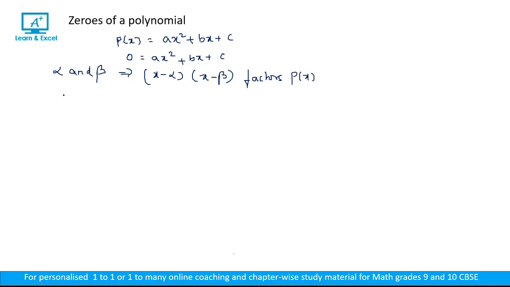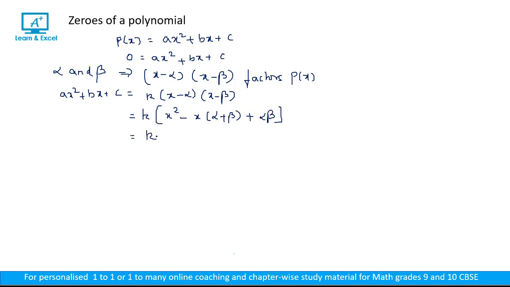Now we can write ax square plus bx plus c equal to k into x minus alpha into x minus beta. This is equal to k into, let us multiply these two, so we'll have x square minus x into alpha plus beta plus alpha beta.